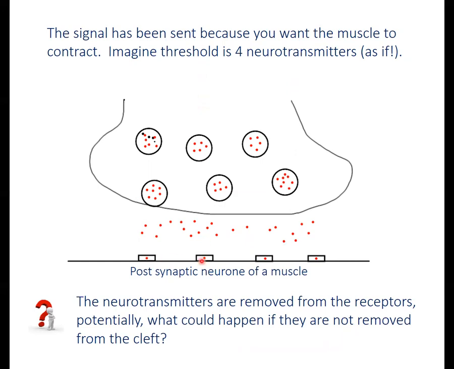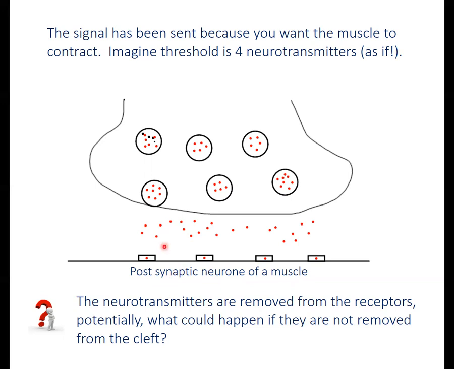Threshold is reached, and as soon as you reach threshold, the signal that you are sending has been passed on. The electrical impulse in the neuron, or in this case, a muscle, will be passed on, and it will cause the muscle to contract because threshold has been reached.